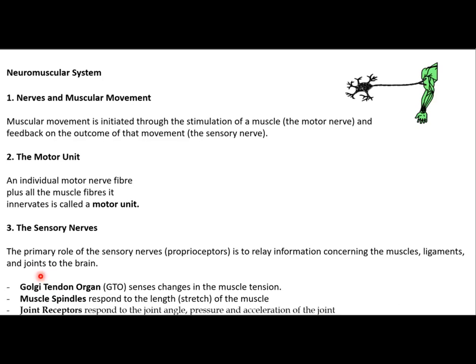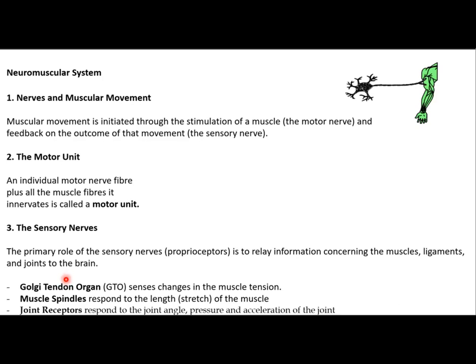And as the name says, Golgi tendon organ, that sensory nerve is located in the tendon, in the muscle tendon itself. And that one will monitor if there's any changes in the muscle tension.